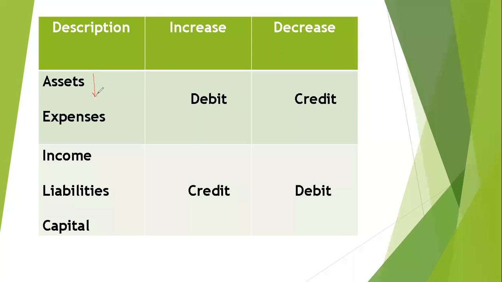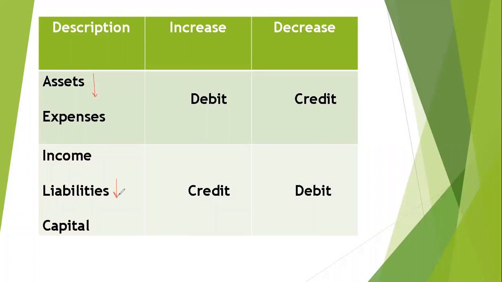That means I'm giving the business money to them, so the asset of the business is going to decrease. At the same time, the liabilities, the amount we should give to the creditors, are also going to decrease.